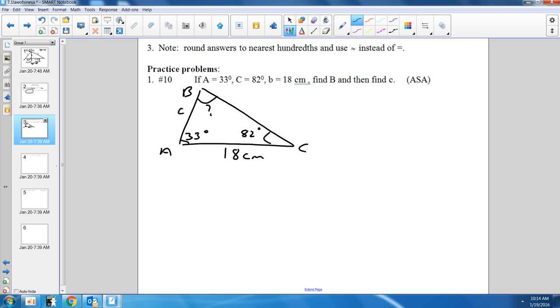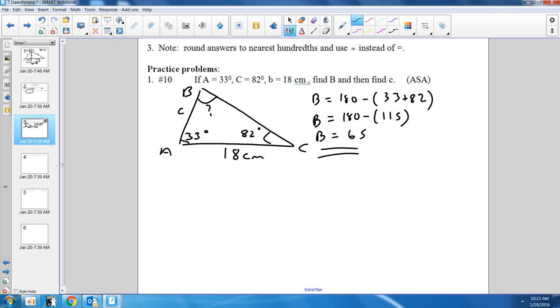So I really want to find out what this is and what that is. Well, the angle is easy. You're given two angles. What's the third angle of a triangle? I know we're all good at that. So B is equal to 180 minus the sum of 33 plus 82, which is 65 degrees.